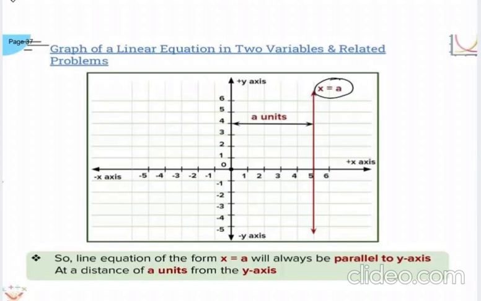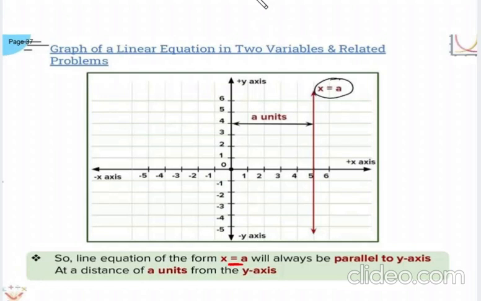Now, next, the line of the equation x equals a will always be parallel to the y-axis at a distance of a units from the y-axis. What do I mean here? Listen to me carefully.